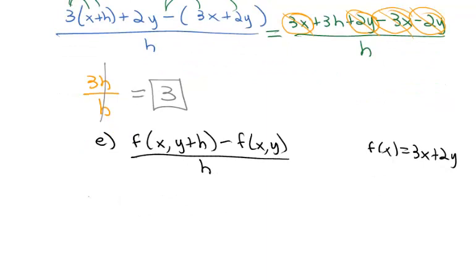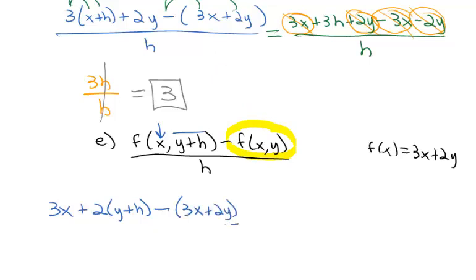First, we find f of x comma y plus h. So that's going to be 3x, x is still x, plus 2, we're going to do the entire y plus h, minus, notice again we're subtracting the entire function, so that has to go in parentheses, 3x plus 2y all over h.